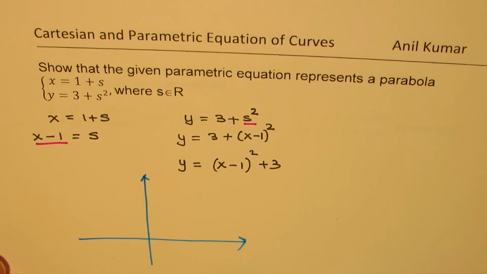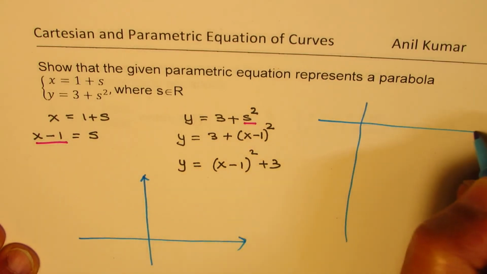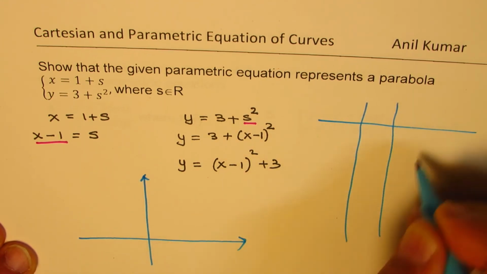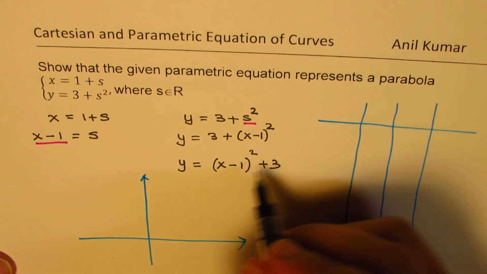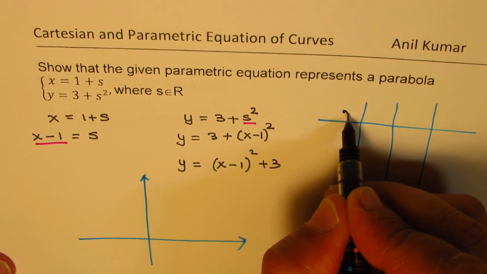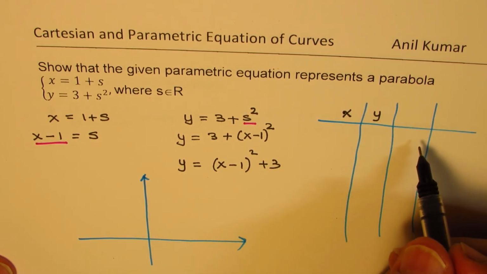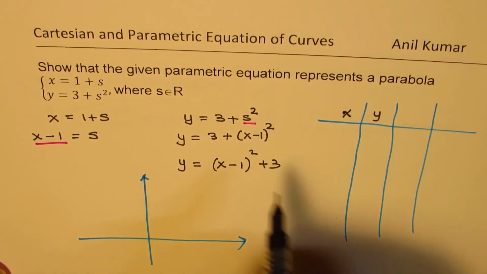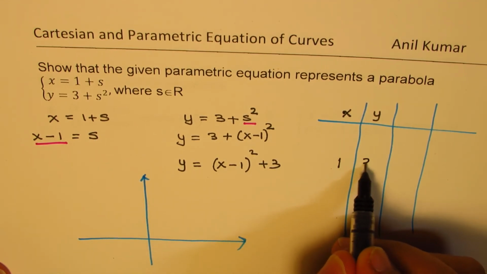So what we could do is sometimes you could use different techniques to find the values. One could be that you could make a table where you provide some values of x and find what y is, correct? And write down the coordinates. So if I write x as equal to 1, for example, I get y as 3, correct?